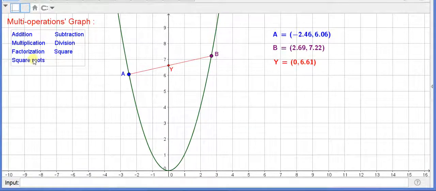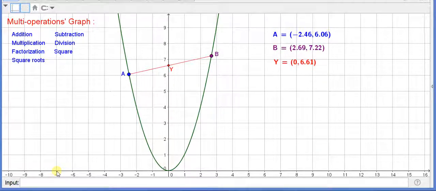For addition, this is a number line over here. So with the help of this number line, we can perform the addition and subtraction as we learn in lower classes.